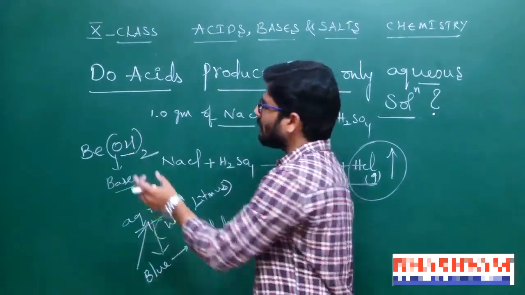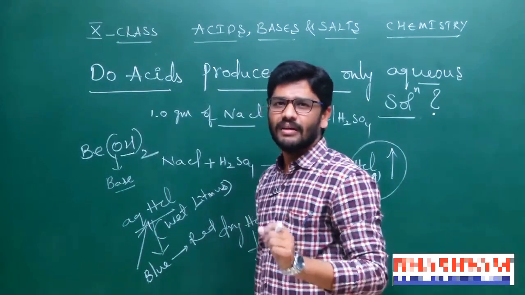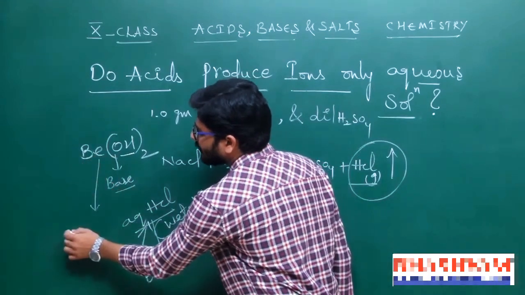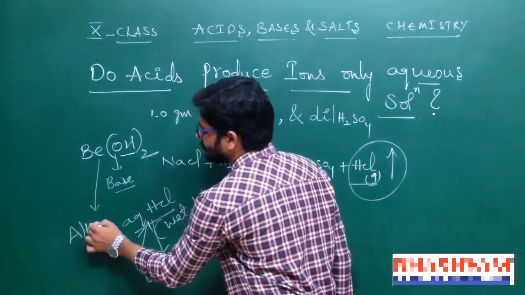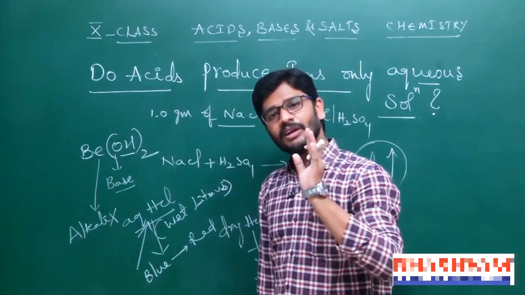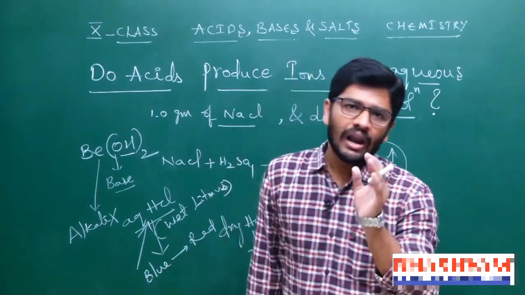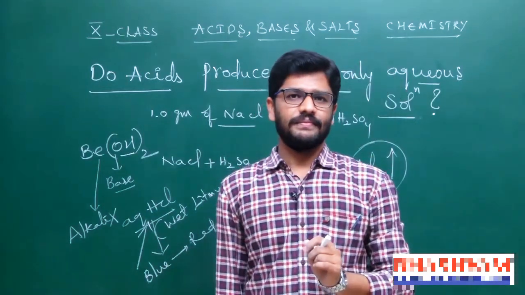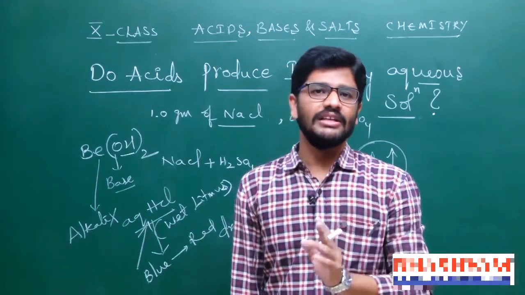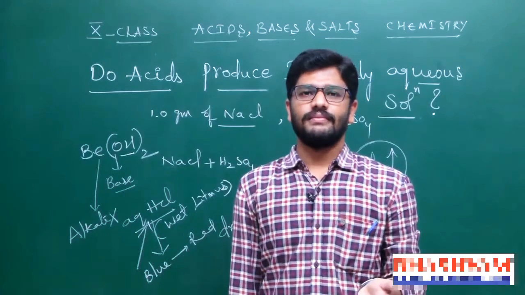No. Beryllium hydroxide is only slightly soluble in water, but not completely soluble. That's why beryllium hydroxide is not an alkali. But beryllium hydroxide is a base. So all alkalis are bases, but all bases are not alkalis. Not all bases are soluble in water.